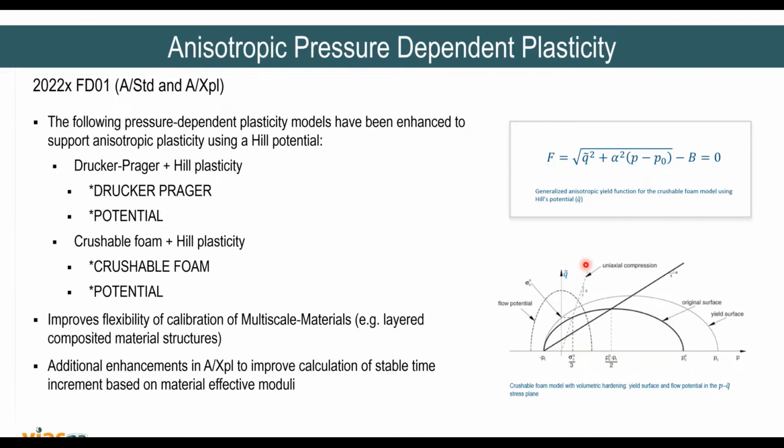This improvement gives you the flexibility to calibrate and better capture multi-scale materials, like the layered composite material structure that you have. Additionally, it gives you an enhancement in Abaqus Explicit to improve the calculation of the stable time increment based on the material effective modeling.